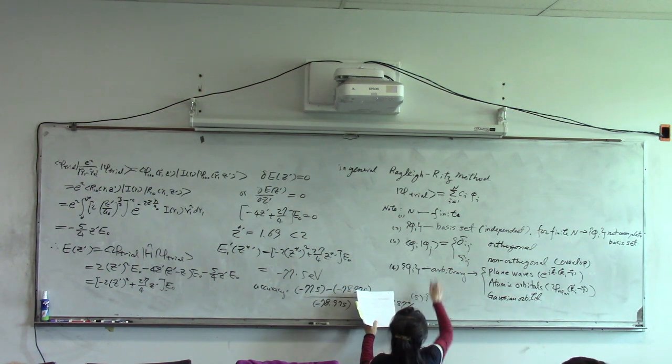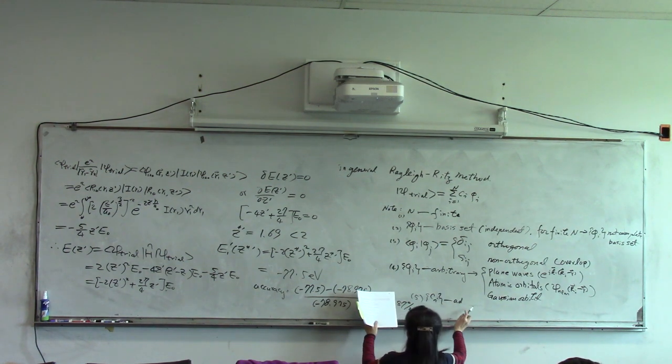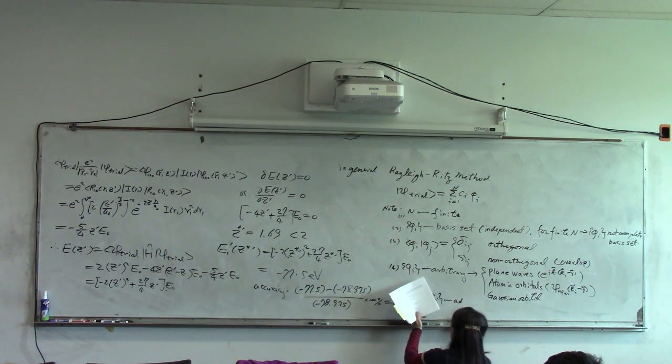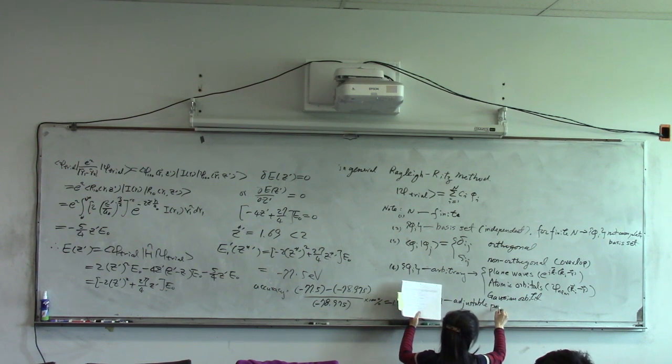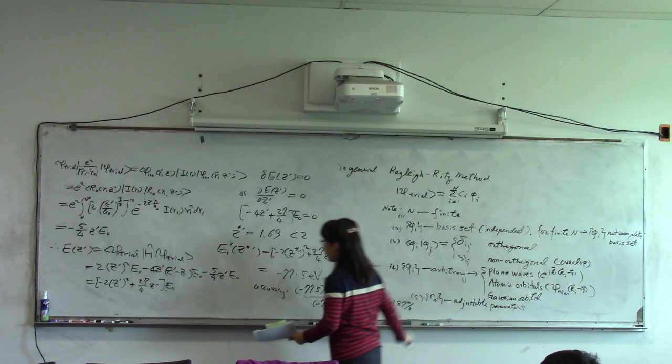So here, we have the coefficient Ci. These are adjustable parameters. Like when we introduce the trial function, we introduce a lot of adjustable parameters to adjust, to optimize, right? For each different system, these parameters are different.